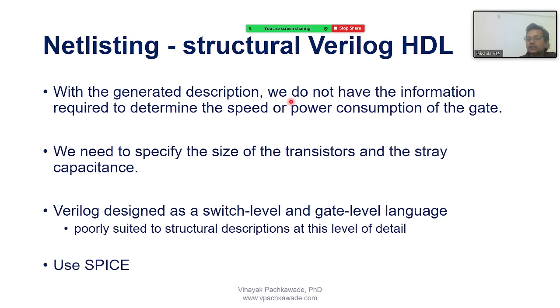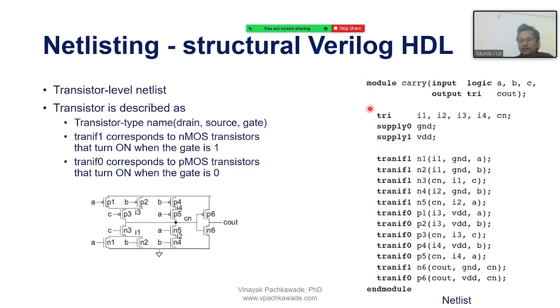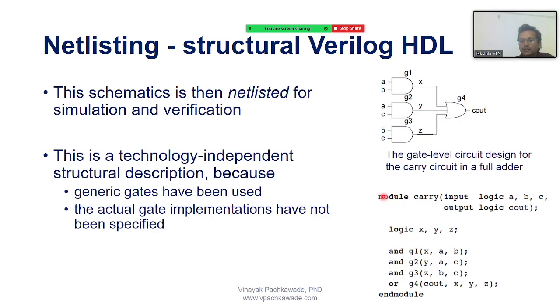So from these two netlists, if we look carefully, we still don't have any information required to determine the speed or power of the gate, right? Nowhere, whether in the transistor level netlist or the logic level netlist, are we doing anything other than saying use the generic gates from the library.